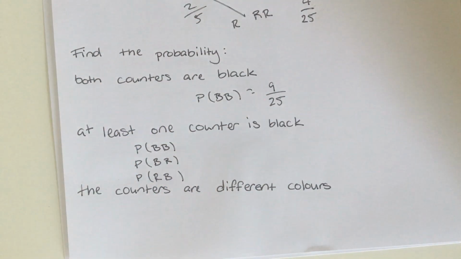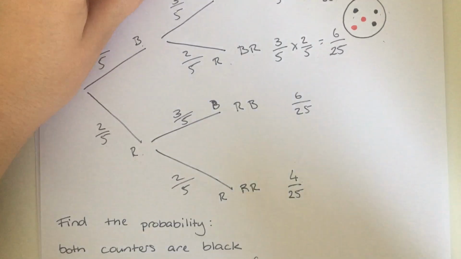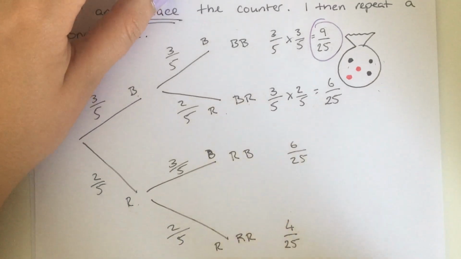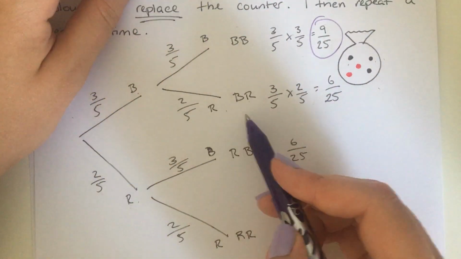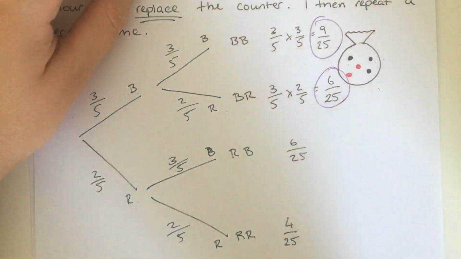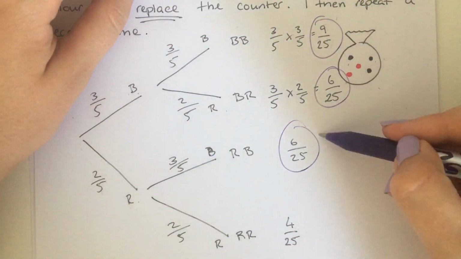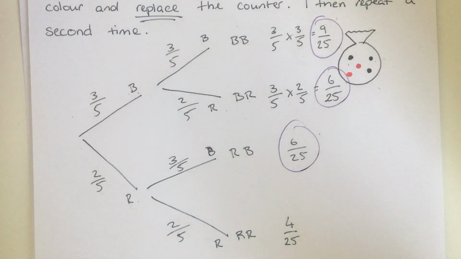So therefore I'm going to have to add together these probabilities. So I'm going to need to add together black black, black red, because I get a black counter here, and then also red black, because each of these 3 scenarios gives me at least one counter being black.